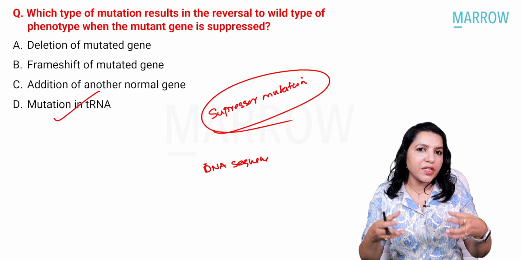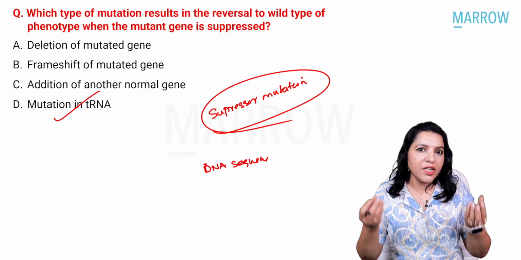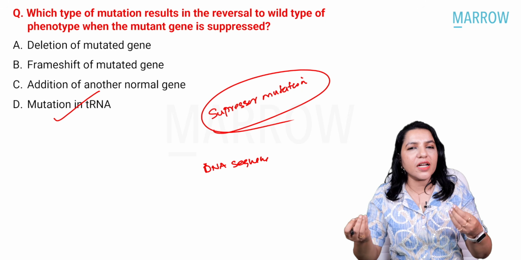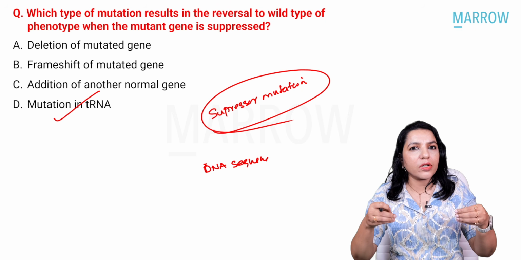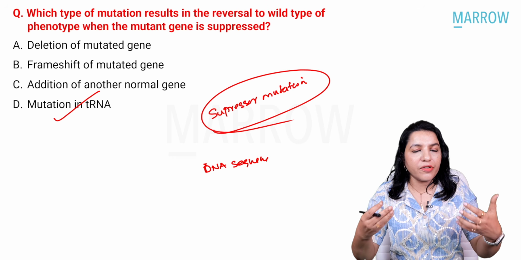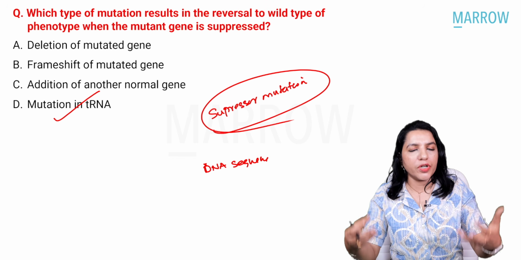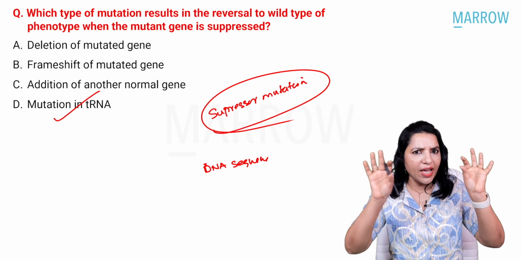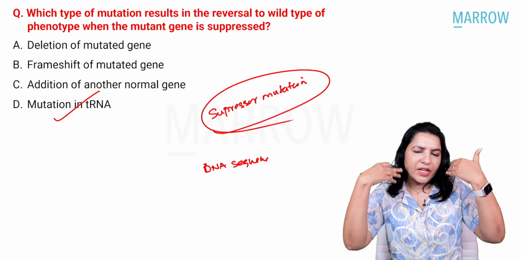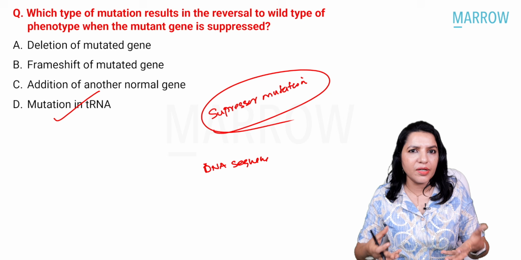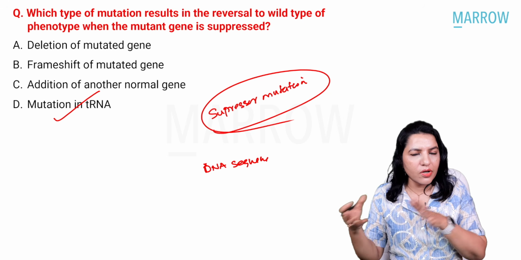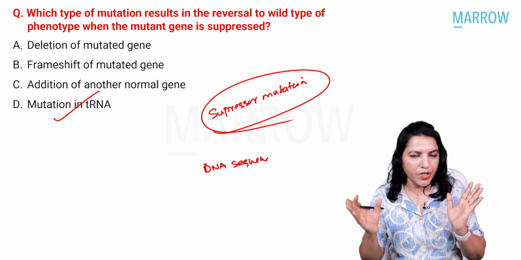How can this DNA mutation be suppressed? It is by something else undergoing a mutation which prevents it from producing a phenotype. Genotype is something that happens in the DNA. When it affects the protein and the externally expressed features, then it is called a phenotype.